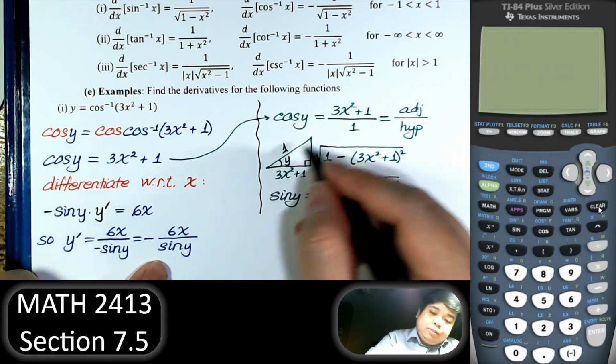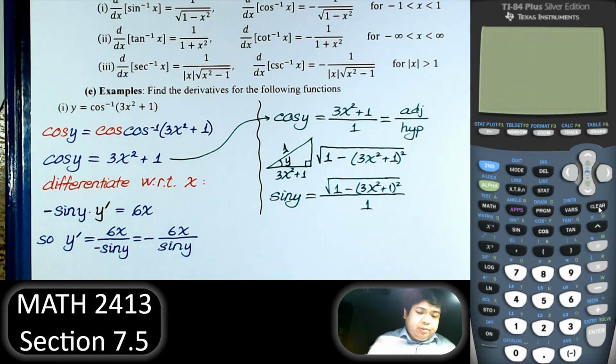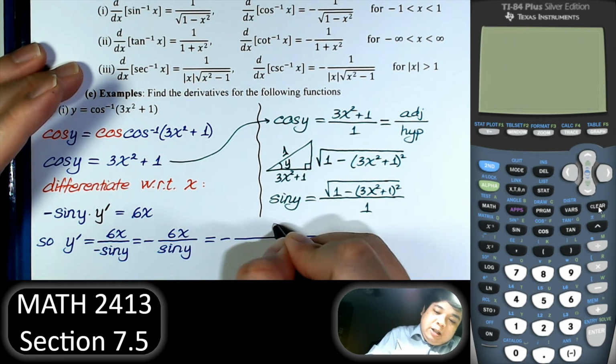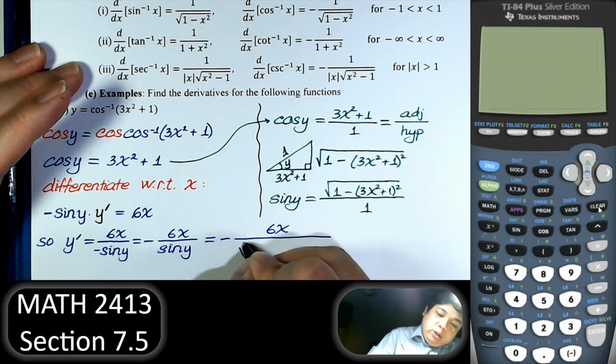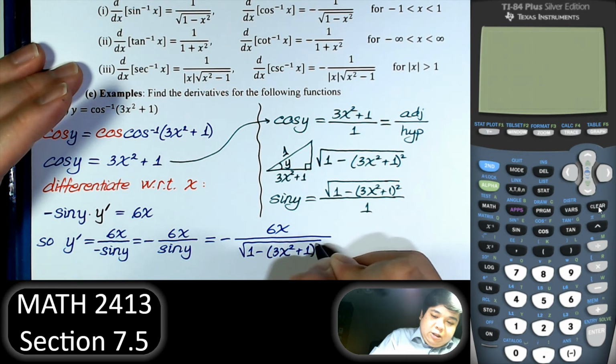Hypotenuse is 1, so we just have that square root. So put that together, we have negative 6x over square root of 1 minus 3x squared plus 1, squared.